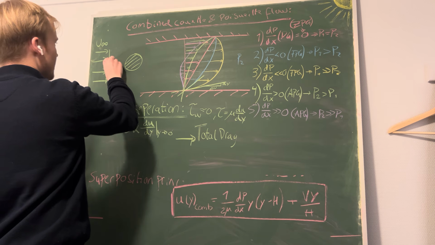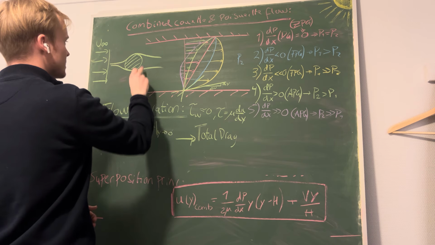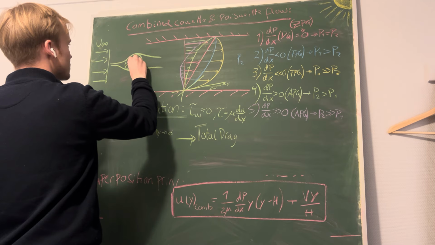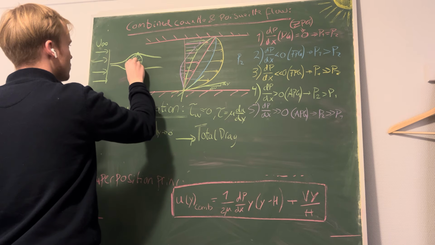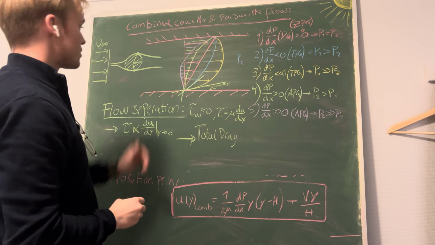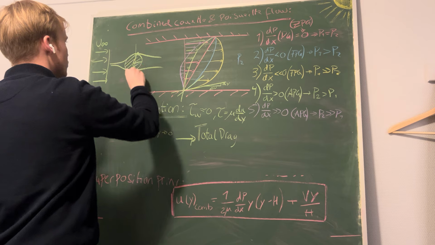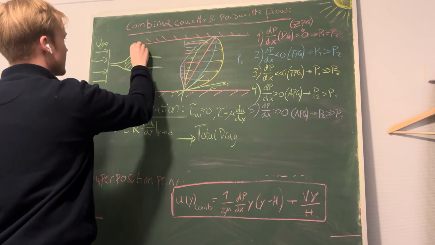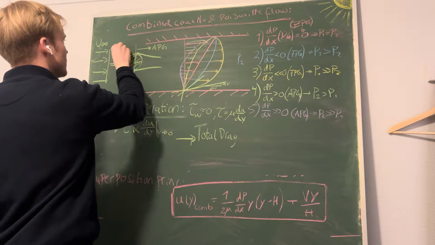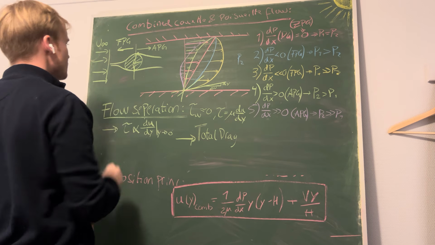And when this happens, it's going to separate at some angle or some point on the cylinder, because we have an adverse pressure gradient. So if we draw like this, this is an adverse pressure gradient and this is a favorable pressure gradient.